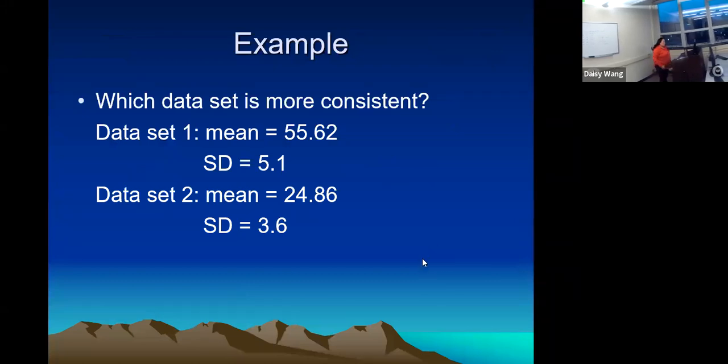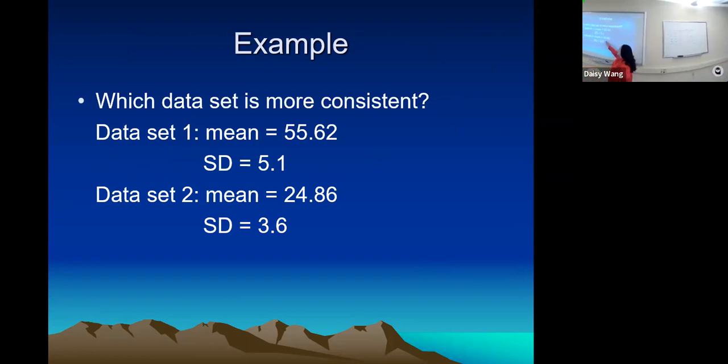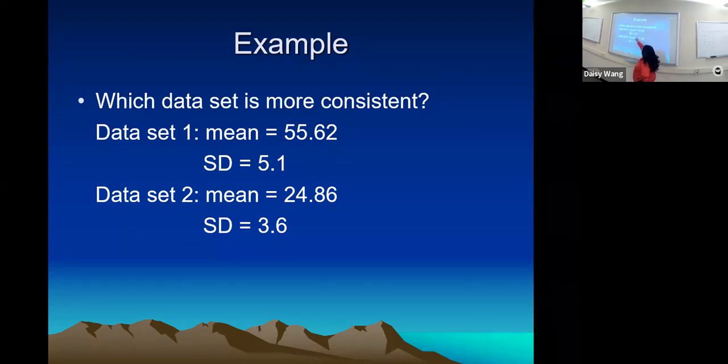For one example, one data set has an average of 55.62. The standard deviation is 5.1. And the second data set's average is 24.86. Standard deviation is 3.6. So from here, if we look at the standard deviation, usually the bigger the standard deviation is, the more dispersed the data is, right? But here, the average is 55.62. So if we look at the coefficient of variance, it will be about 10.